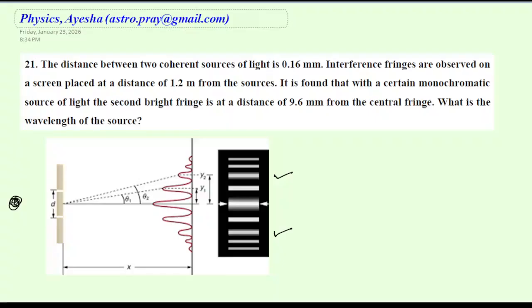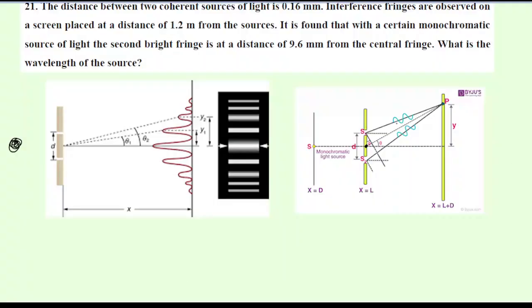Now, the distance of the first bright fringe is given as y1, meaning the distance between the center and the first bright fringe is y1. The distance between the center and the second bright fringe, let's take that as y2. Next, the pictorial representation looks somewhat like this. Let's say there is a point P which is at a distance of y from the central bright fringe. Just as I said, the distance of the first bright fringe is y1, second bright fringe is y2.